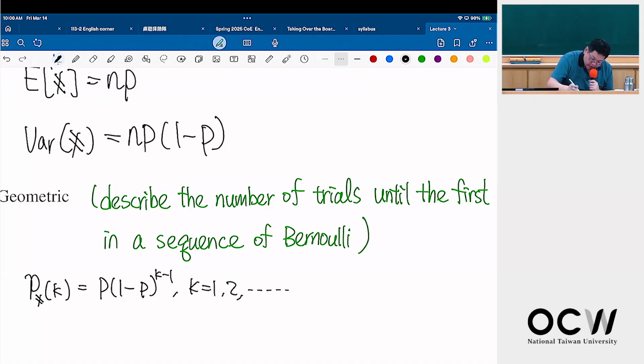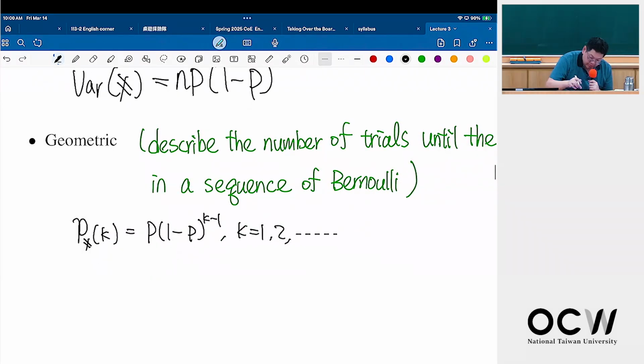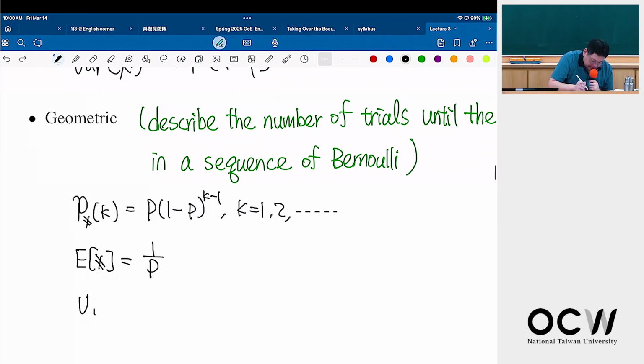And k could be from 1 to infinity. The expectation is 1 over p. Variance is 1 minus p divided by p squared.